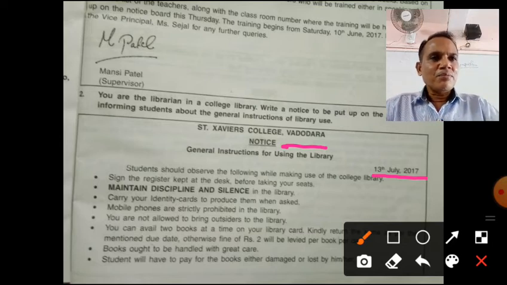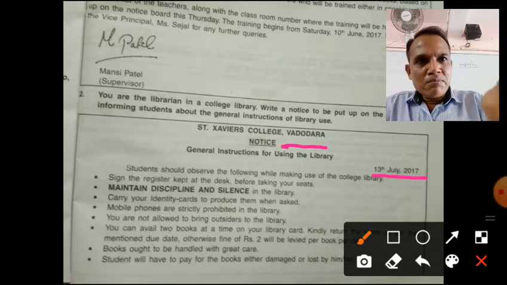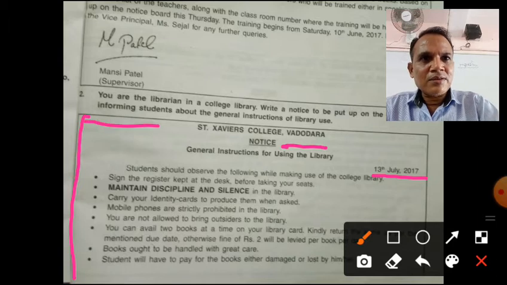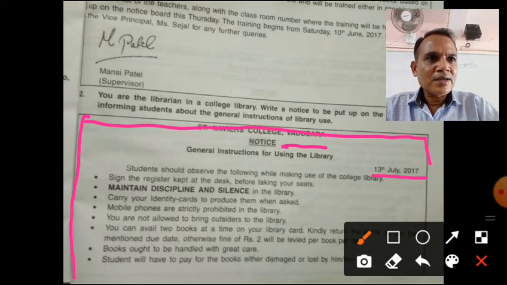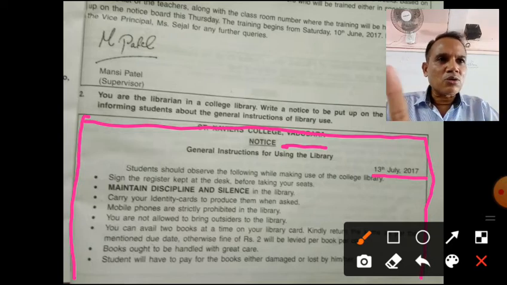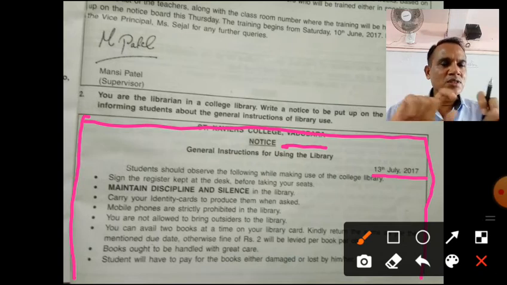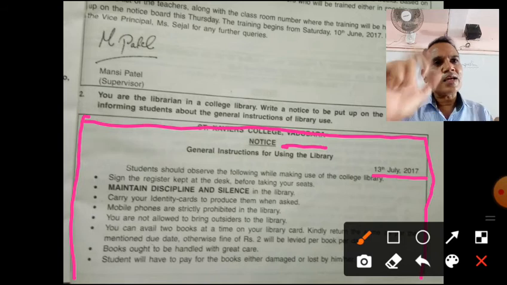Clear? Before you start writing the notice, make a box. First draw 3 sides, the top side and the sides. The bottom line, don't close it before you finish the notice. Make a box from this side, and the bottom line at the last.